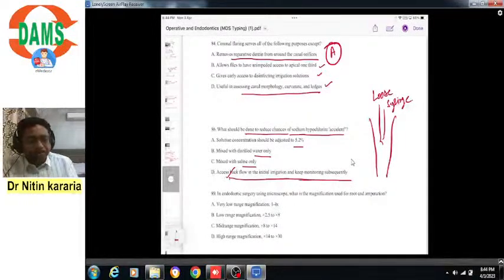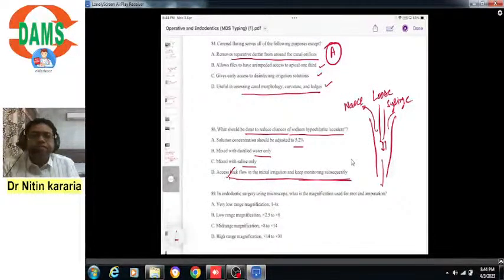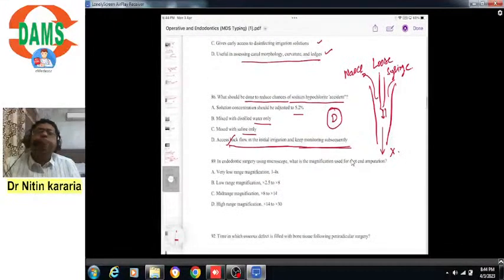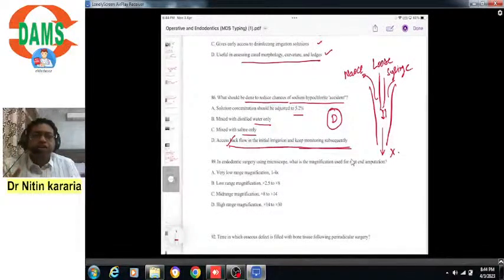It means whenever we flush out, there should be adequate space for the backflow of sodium hypochlorite from the canal so that it is not extruded periapically. So the answer to this question would be option D. So what is the most important thing? We have to do passive flushing or irrigation of the root canal with a loosely fitting needle inside the root canal. Moving over to the next question.